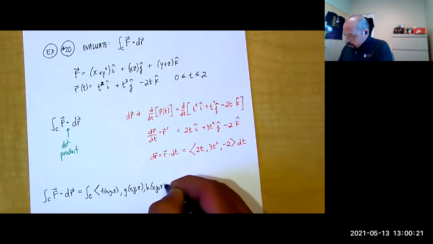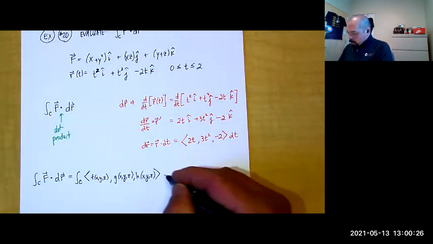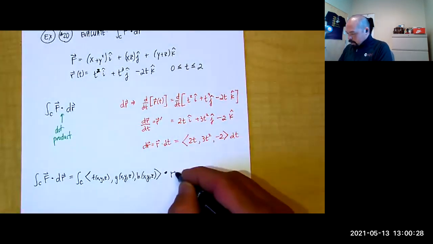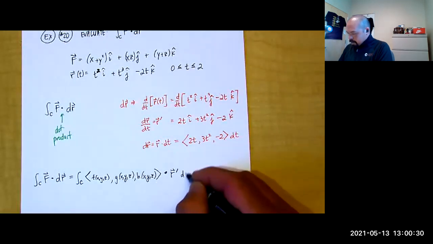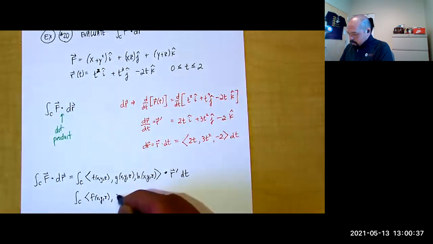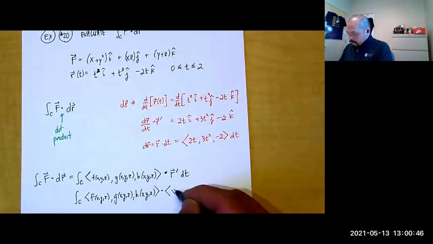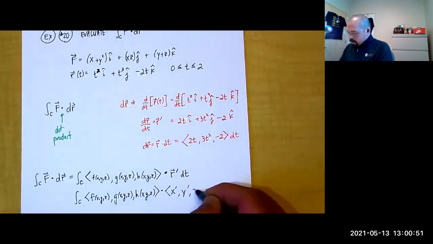So we have these functions for F to give us our vector field that we're dotting with r prime dt, that x prime, y prime, z prime of t dt.